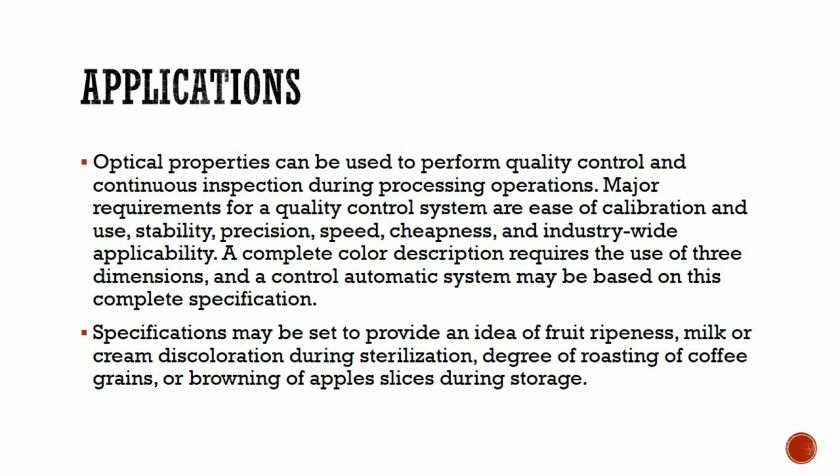A complete color description requires the use of 3 dimensions, and an automatic control system may be based on this complete specification. Specifications may be set to provide an idea of fruit ripeness, milk or cream discoloration during sterilization, degree of roasting of coffee grains, or browning of apple slices during storage.